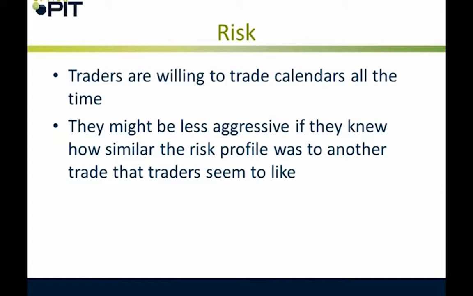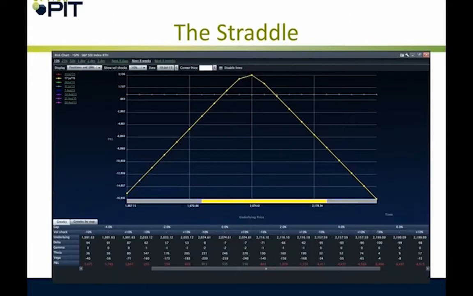So now let's talk about the risk. Traders are willing to trade calendars all the time. They might be less aggressive if they knew how similar the risk profile was to another type of trade that traders seem to like: the straddle. A straddle is when I sell a call and a put on the same strike.